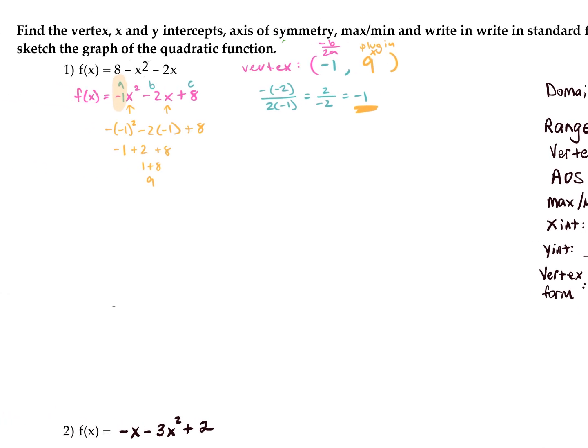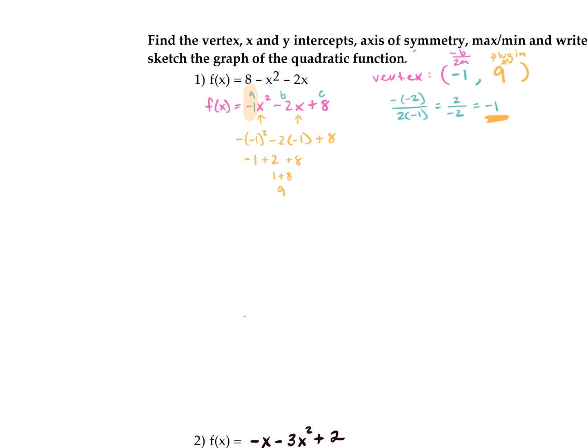Now let's think about the graph of our function here. So I'm going to just kind of lightly graph it. I'm going to go to the left 1 and up 9. Is our graph going to open up or open down? How do we know that it opens down? Because a is negative. Our leading coefficient's negative, so we know that it's going to open down.